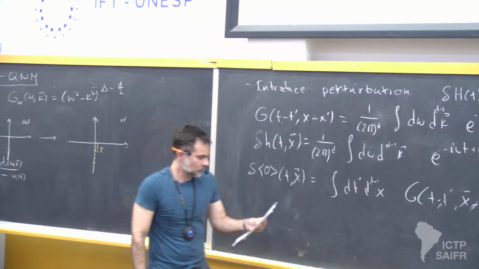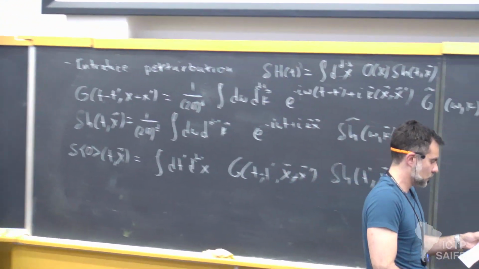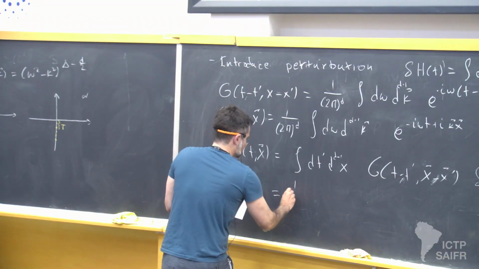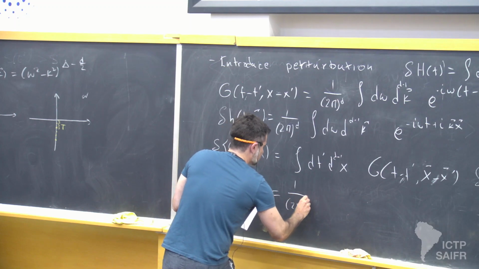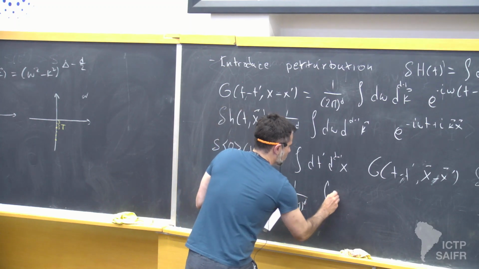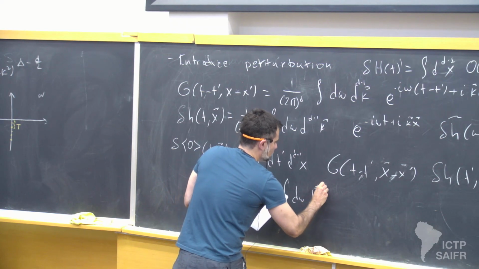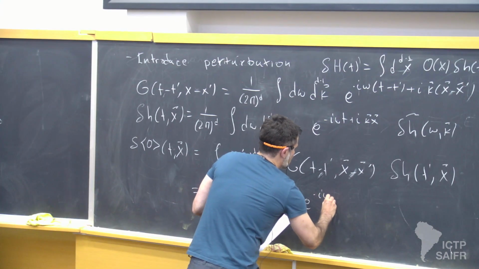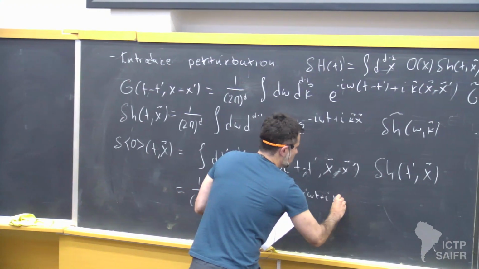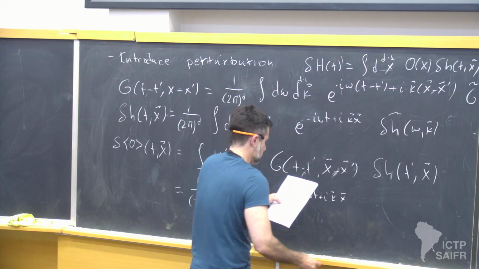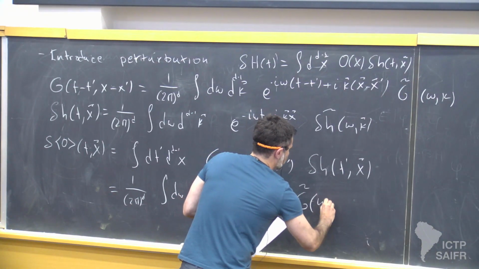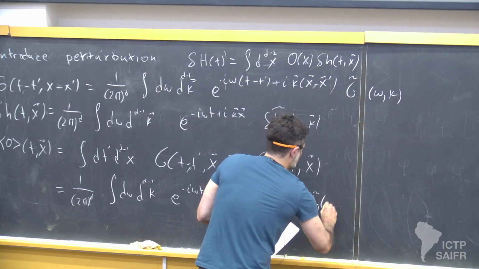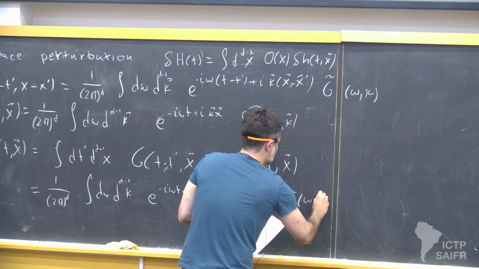Okay, so if I plug in now the Fourier transforms, I can write this as 1 over 2 pi to the d, and then integral over frequencies over wave vectors, e to the minus I omega t plus I kx, g tilde of omega comma k, and then delta h bar of omega comma k.